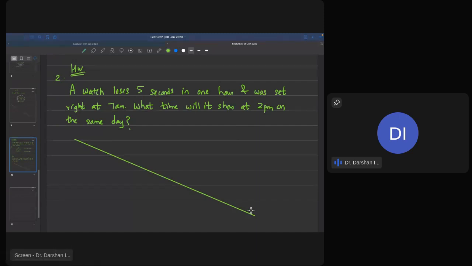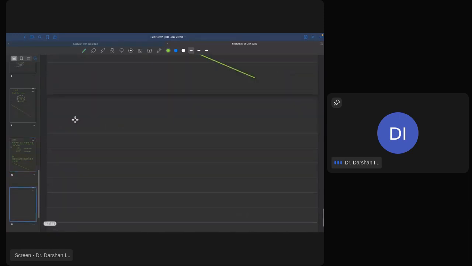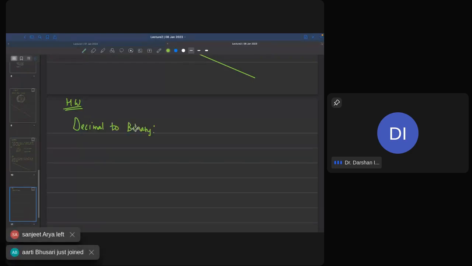I'll give you ample examples to practice. Starting with the first one, decimal to binary: 20, 120.